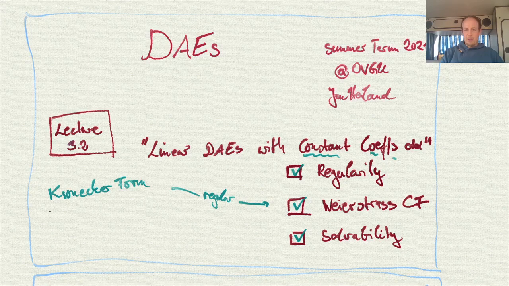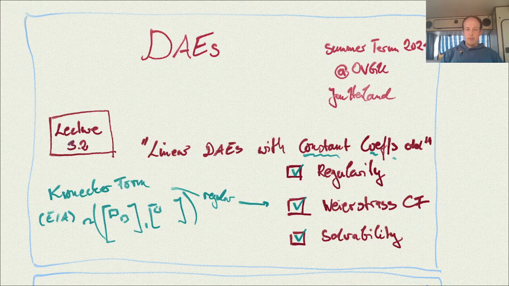I somehow forgot to, so here this Kronecker form of E, A is somewhat similar to these two block matrices. So there were always block matrices here and block matrices here on the diagonal.